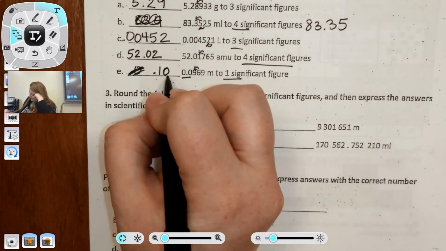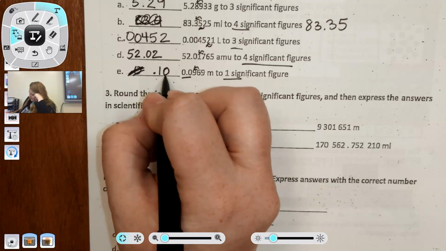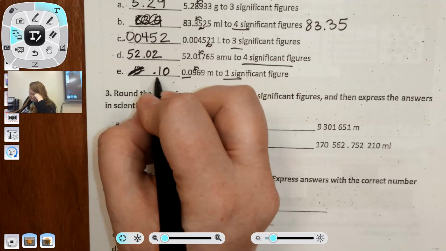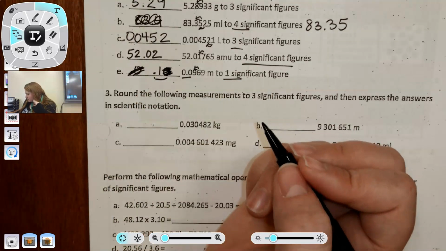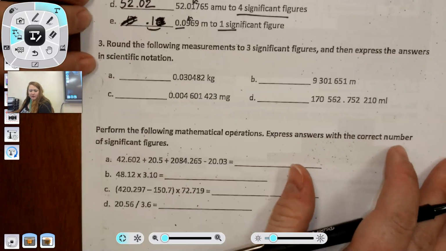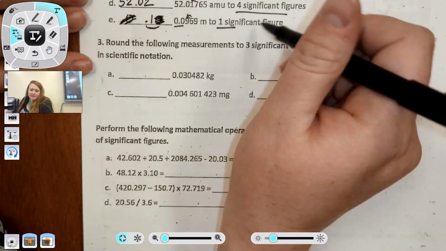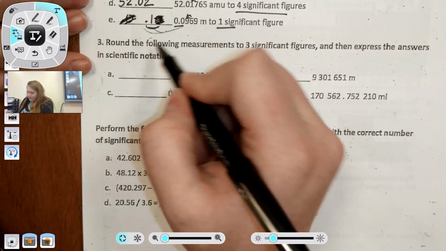And that 0 cannot be there anymore because then there would be 2 sig figs. So that's just going to be 0.1 is what that rounds to. So you can see that even when I do these, sometimes you have to rethink how you're looking at your answer.